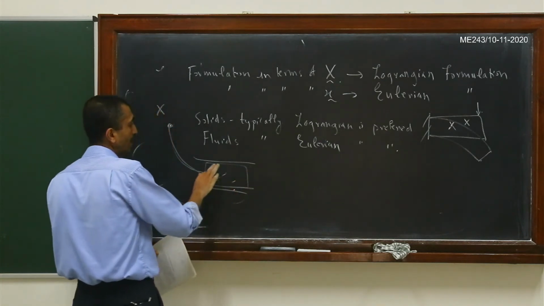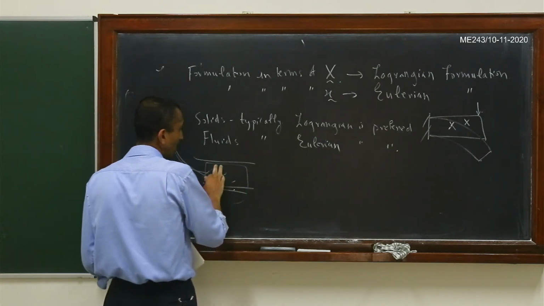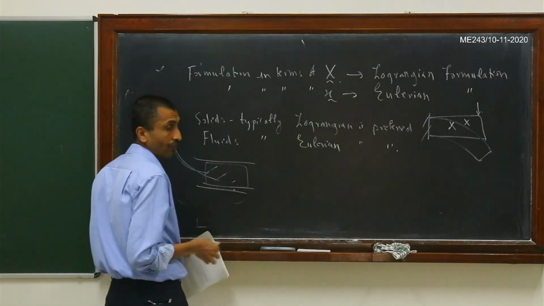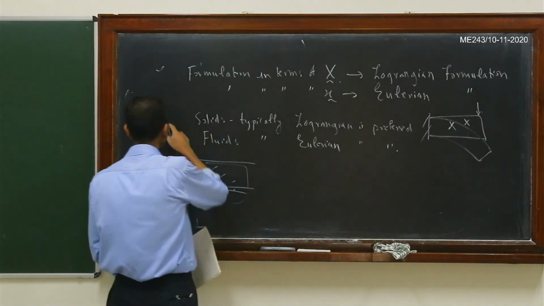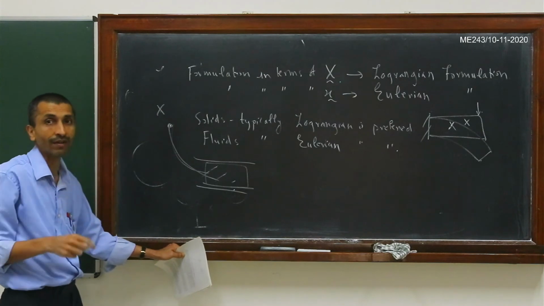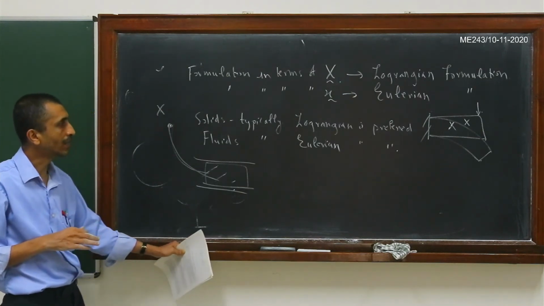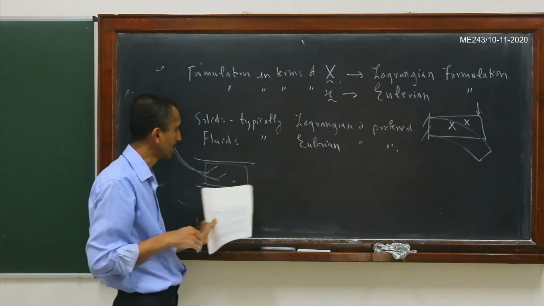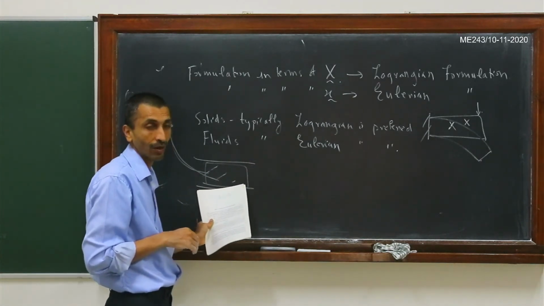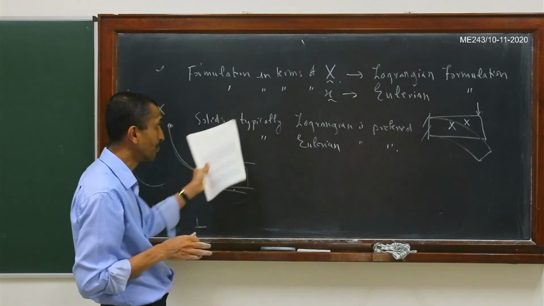And so we know what the deformed configuration of that fluid is typically, but not from where that particle started. So that is the reason that we typically prefer the Eulerian formulation when we are looking at fluid mechanics problems. Of course, as I said, there are exceptions to this rule.